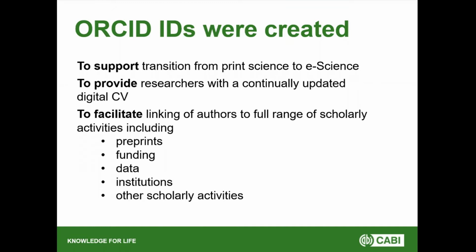Having an ID that is online and digital provides researchers with a way to continually update their resume, their digital CV, so to speak. And it also helps to facilitate the linking of authors to all of their scholarly activities.